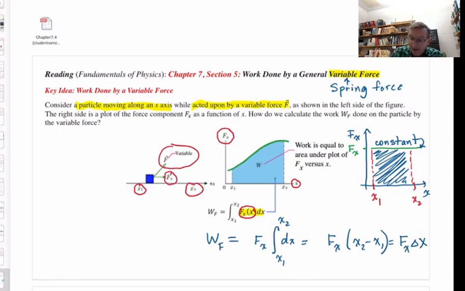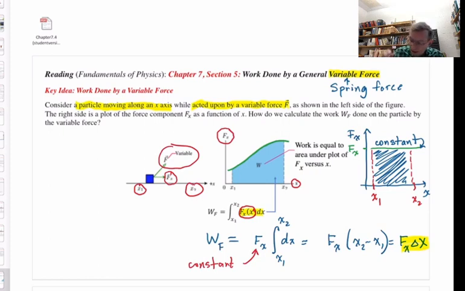Note that this is exactly what we would have got by applying F dot delta r, because the force is constant. Now remember, this approach I just showed you is only valid if the x force on the particle is constant. If it's not, you have to do this integral.